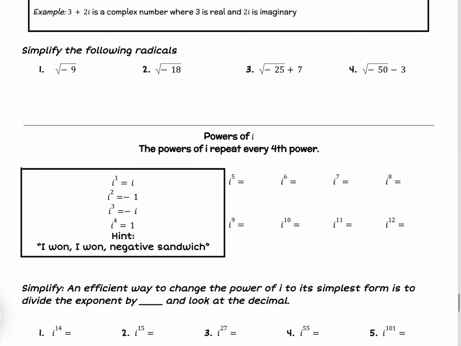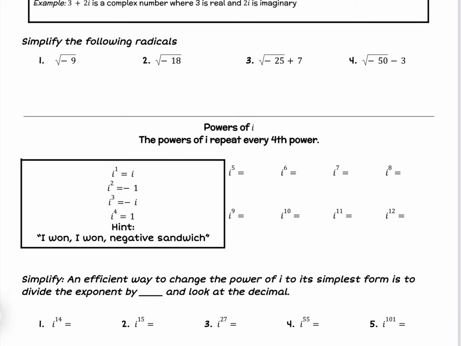Let's simplify some more radicals. For number 1, we know 9 is a perfect square, so we can break this up into the square root of negative 1 and the square root of 9, and then take them each separately. So we'd have 3i. Same thing with 18. Let's break it up: the square root of negative 1 and the square root of 18. 18 is not a perfect square, but we can break it down.